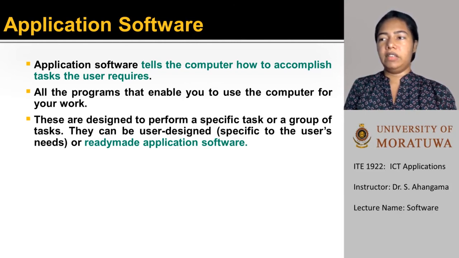Application software is installed according to users' requirements, and to load and run them, system software is required. These application software can be user designed or customized specific to users' needs, or can be ready-made application software.